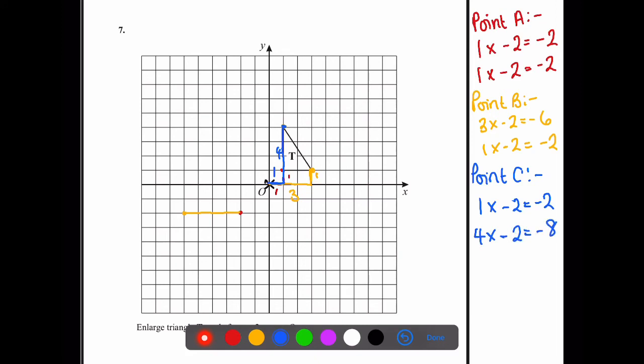So then you're going to go from your point centre, -2, -8. So 1, 2, 1, 2, 3, 4, 5, 6, 7, 8. And your new point will be just there, giving you your new triangle. Again, make sure you use a ruler. And there it is.